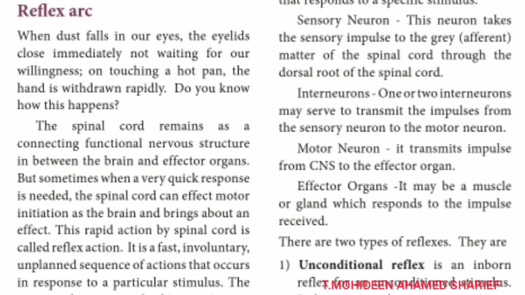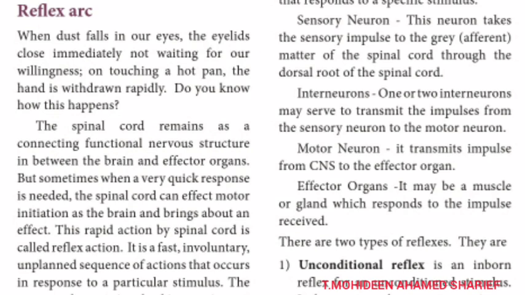The functional components of a reflex arc are: the first one is the sensory receptor. It is a sensory structure that responds to a particular stimulus. Second is the sensory neuron. This neuron takes the sensory impulse to the gray matter of the spinal cord through the dorsal root of the spinal cord.